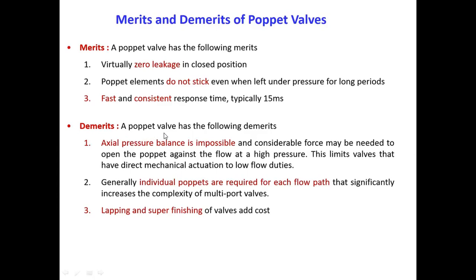Demerits of the poppet valve: axial pressure balance is impossible, and considerable force may be needed to open the poppet against the flow at high pressure. This limits valves that have direct mechanical actuation to low flow duties. Generally, individual poppets are required for each flow path, which significantly increases the complexity of multi-port valves, wrapping and superfinishing of the valve at cost.